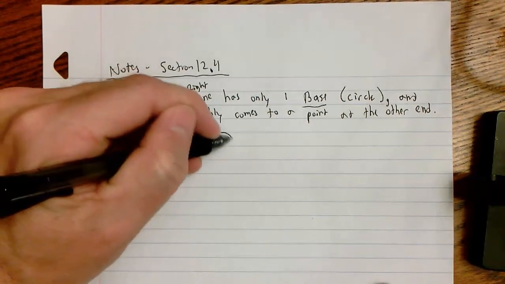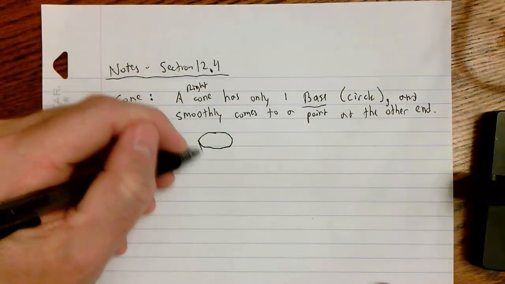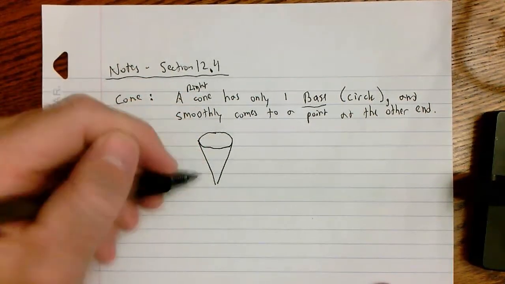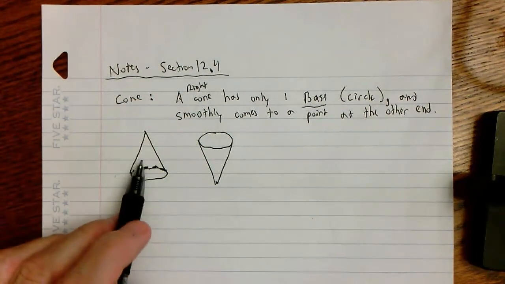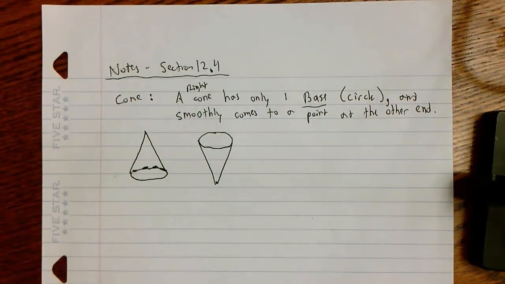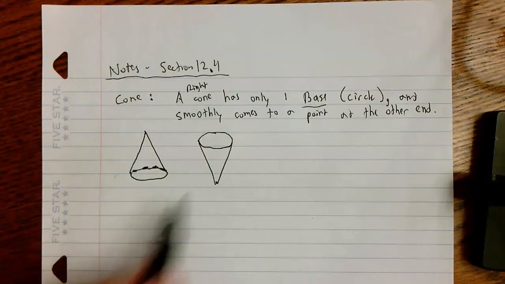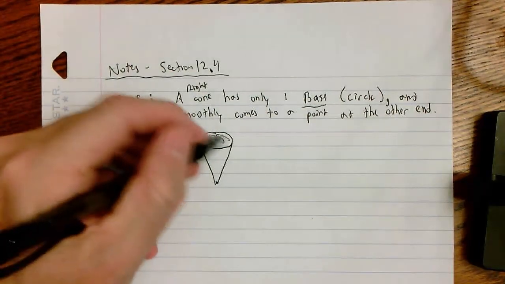Or you could draw the circle first and the triangle on the bottom, so more of an ice cream cone maybe instead of like a witch's hat. But the thing I want to talk about first is the circle.